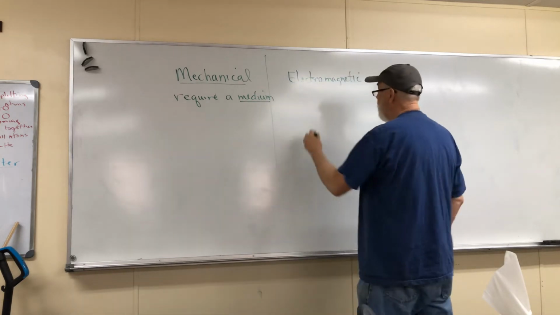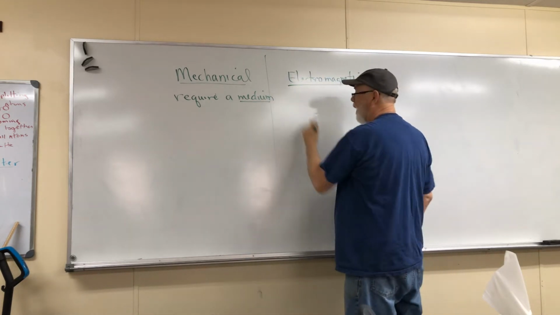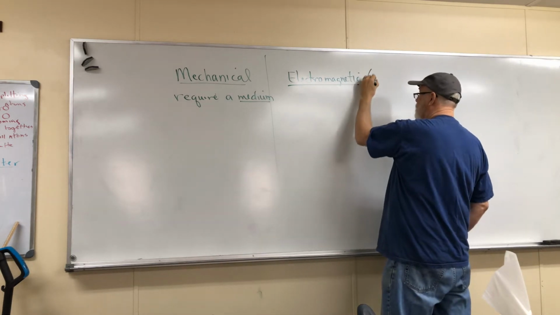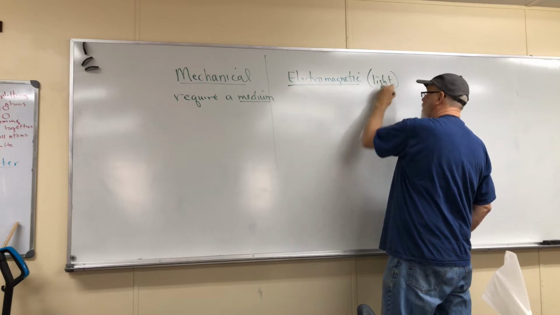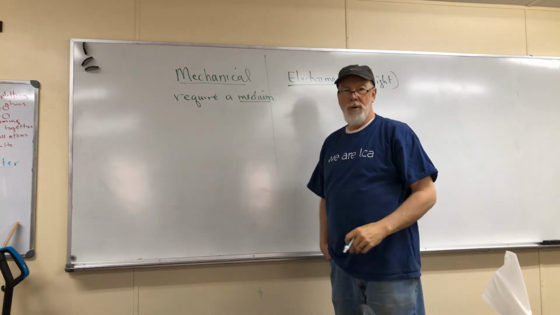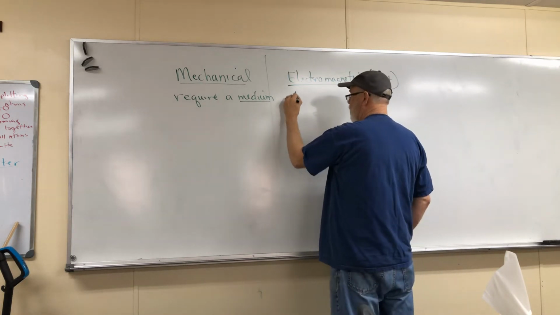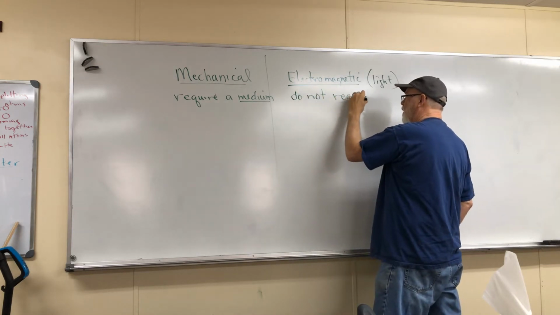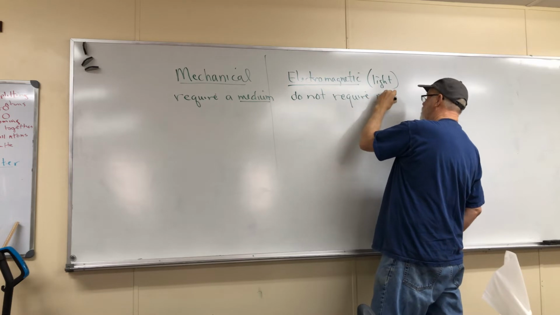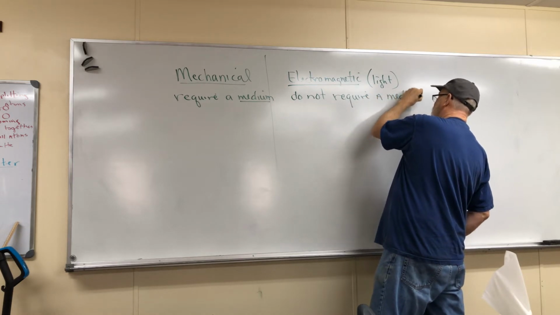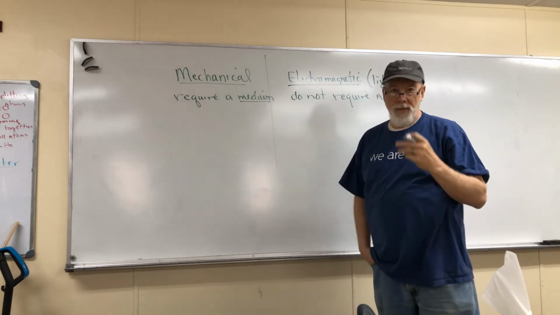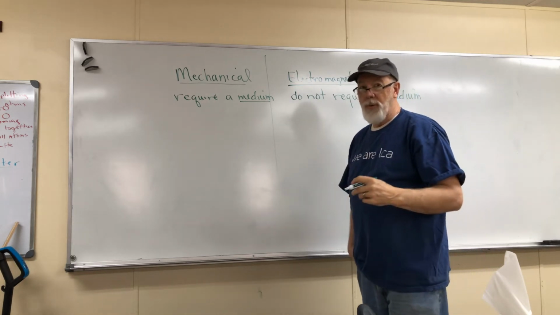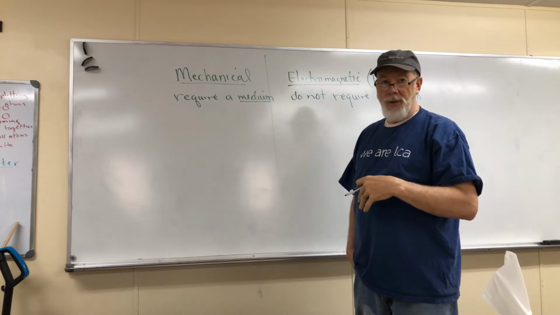On the other hand, electromagnetic waves, which are sometimes referred to as forms of light, do not require a medium. Now, why is that true? The electromagnetic waves are waves that are traveling, for example, from the sun to the earth.